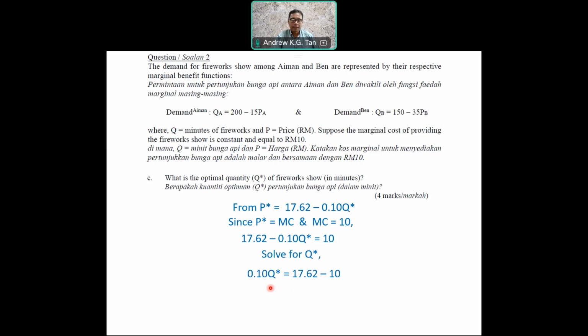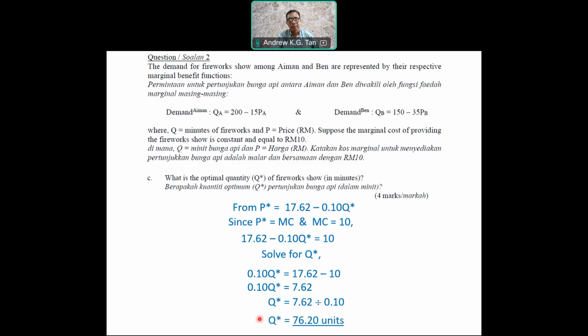Q star would then be equals to 17.62 minus 10 is 7.62. Solving for Q star itself, divide both sides by 0.10. You get Q star is equals to 7.62 divided by 0.1.